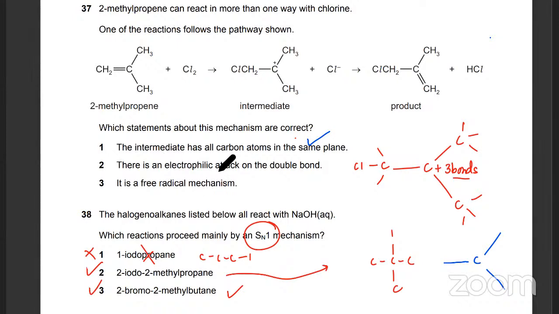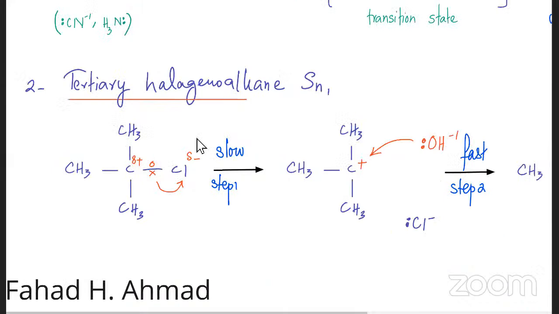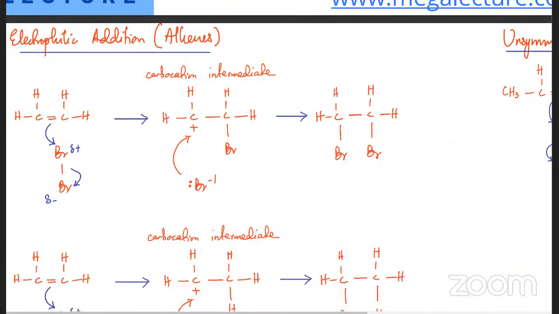The other one is: there's an electrophilic attack on the double bond. Is that true? You've got an alkene, you've got a Cl2. Is there an electrophilic attack? Alkenes do have electrophilic reactions. This is how a Cl2 will react, just like bromination. You've got a double bond.